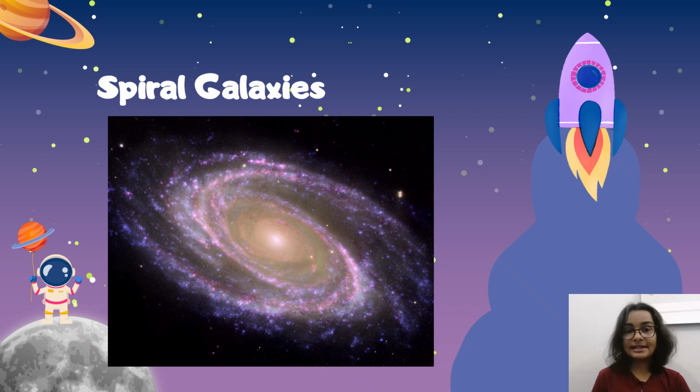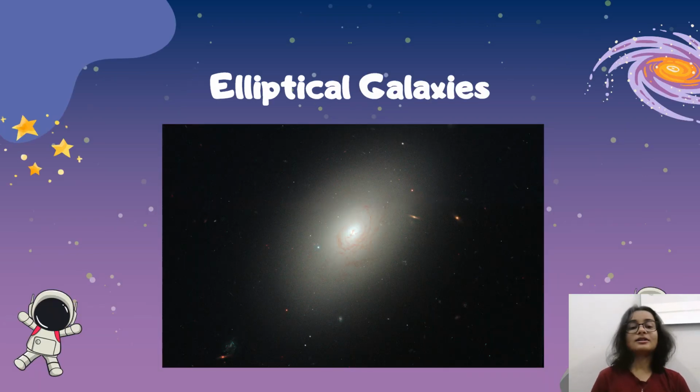Our next major type of galaxy is elliptical galaxies. Elliptical galaxies have spherical, or you may say elongated spherical shapes. The shapes of these elliptical galaxies can vary from round-looking galaxies to extremely elongated spherical galaxies.